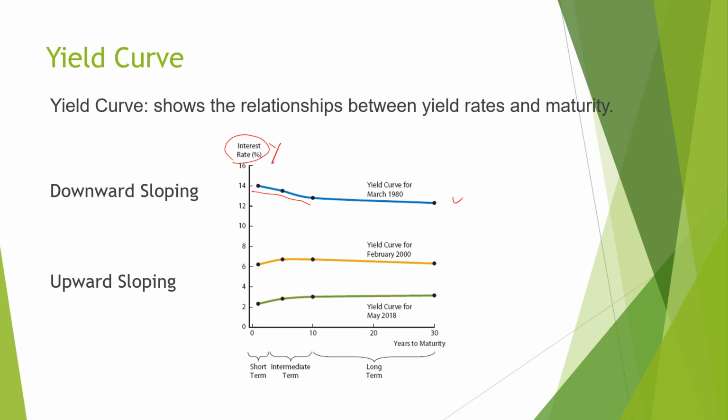This is yield rate and years to maturity, right? Years to maturity, downward sloping, and then these two show upward sloping. Normally, mostly yield curves look like that, upward sloping.